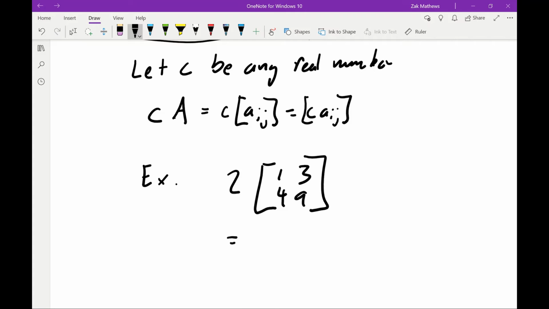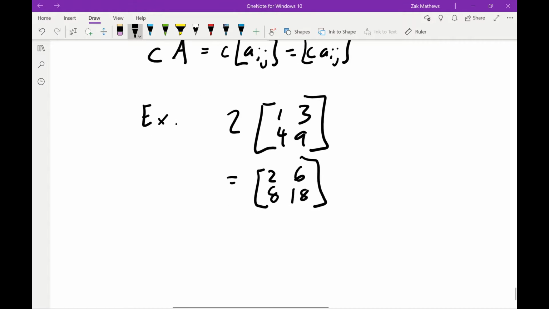Matrix multiplication is going to be much more challenging. When we multiply these together, we multiply the 2 times the 1, that's 2, 2 times 3 is 6, 2 times 4 is 8, and 2 times 9 is 18. We just, in a way, kind of think of it as distribution. We distribute it inside the matrix. And that's a pretty easy process because we, again, are just taking the elements and looking at them element by element. We're not talking about matrix multiplication yet.